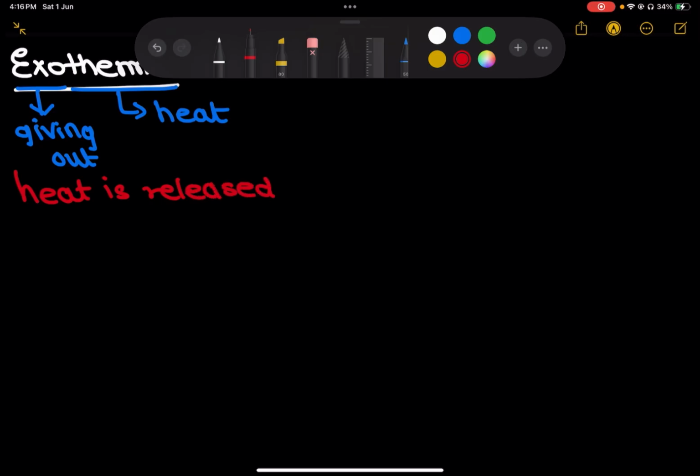And products are formed. Okay, so the general format of this reaction is, for example, A plus B gives C plus heat, C plus D plus whatever, but in the end you have to write this symbol. This symbol is very important. It is delta and it means heat.